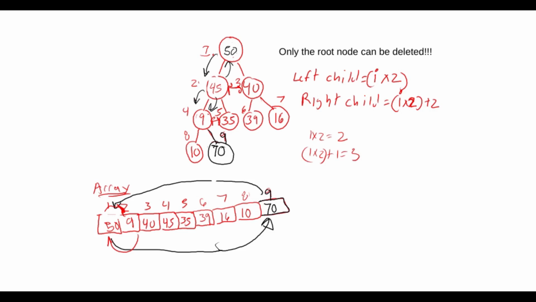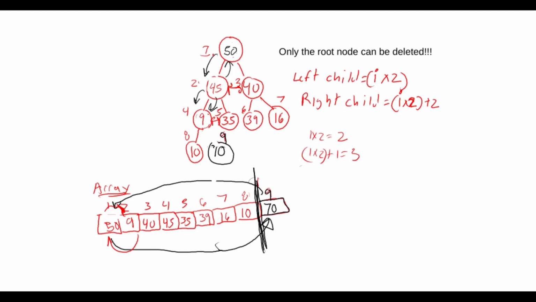And 70 is deleted here, so we cannot access it. So just put it here for reference because it's an array. So from 1 to 8 is the array, so we say that 70 is not in the tree.